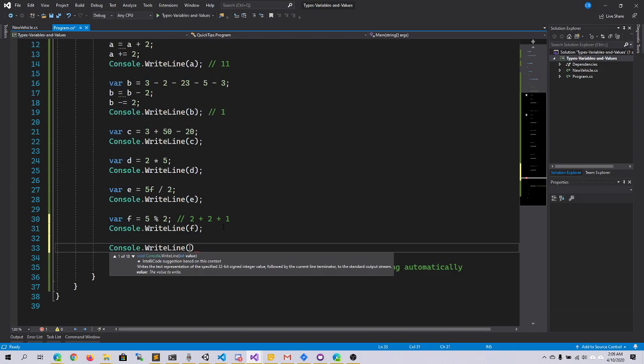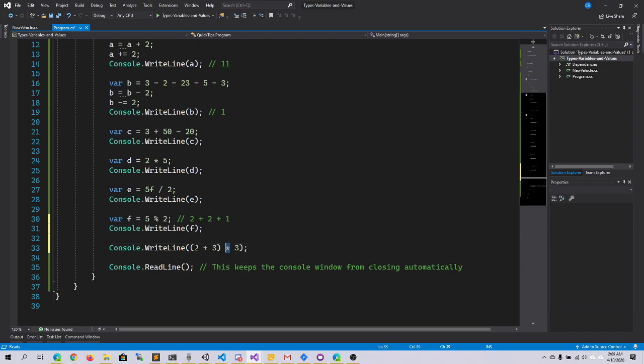To see that, let's just do a simple one real quick. We could do 2 plus 3, which gives us 5. Okay? And then we're going to multiply by 3. Now, multiplication is more important than addition. So if that was the case, you'd have 3 times 3 is 9, plus 2 is 11.